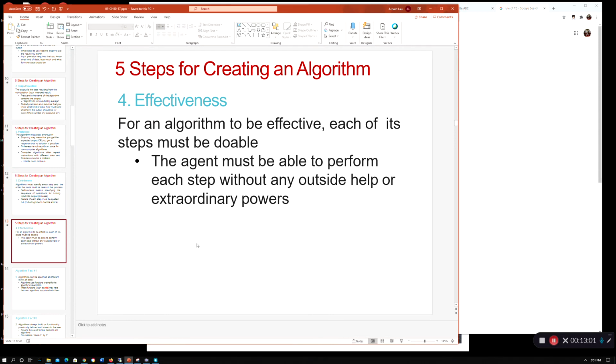So effectiveness. I think the point here is that it's something that the computer can do. Effectively, with these algorithms in real life, you're probably talking about a lot of types of algorithms that use computers and maybe some people to input into it.